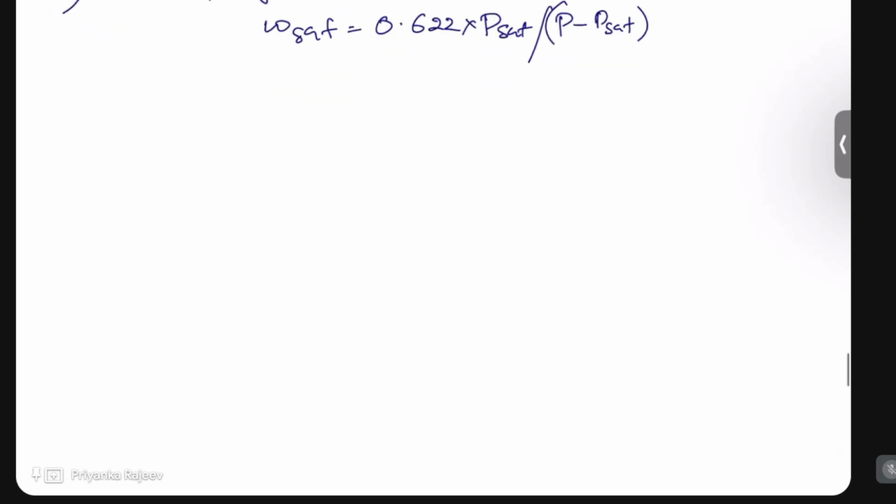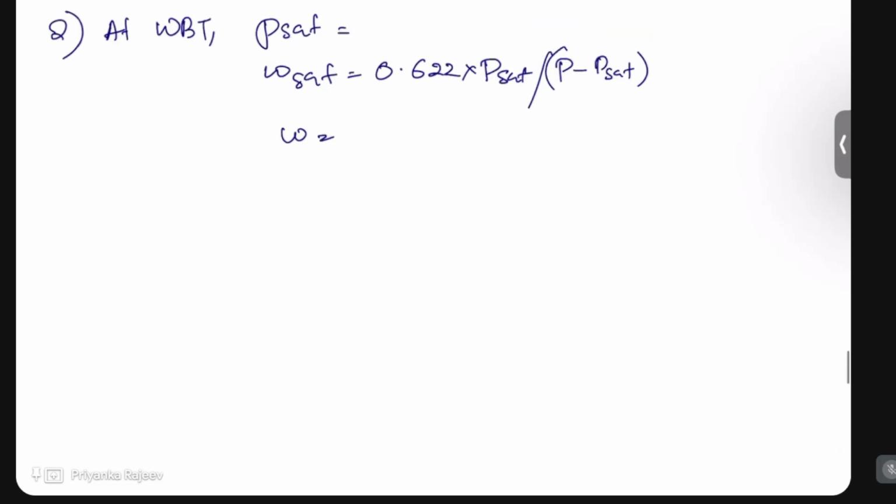Then W is calculated the same way again.